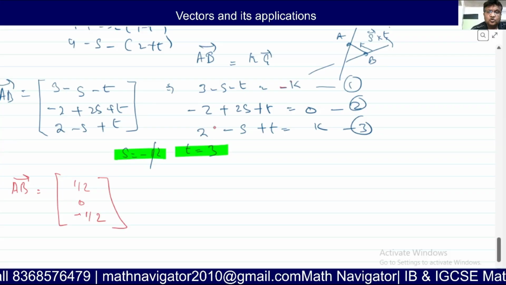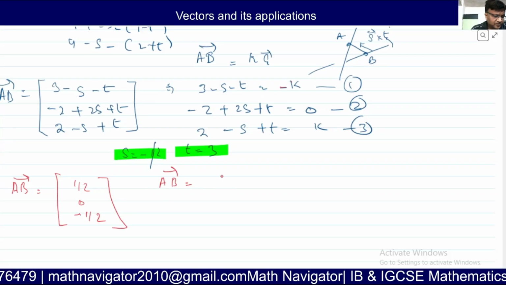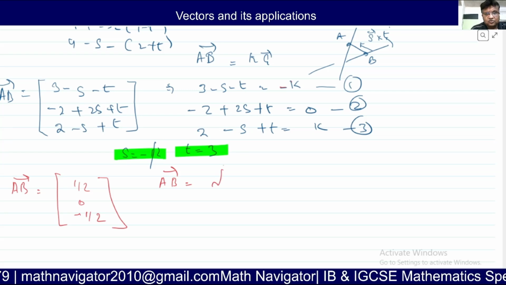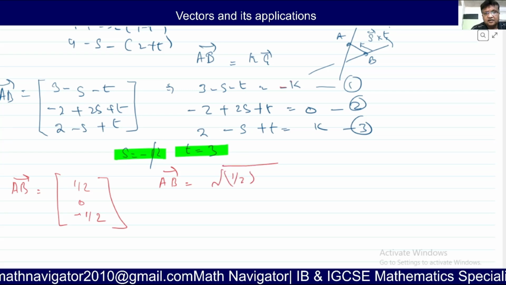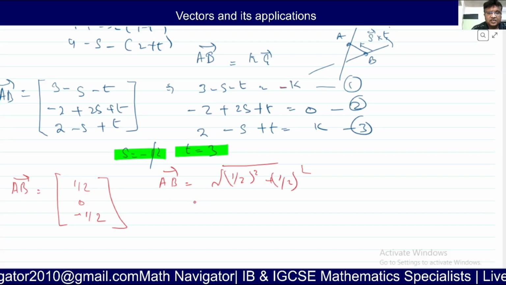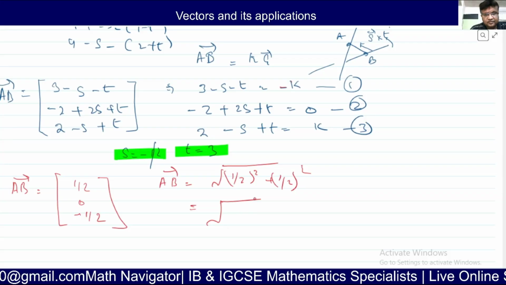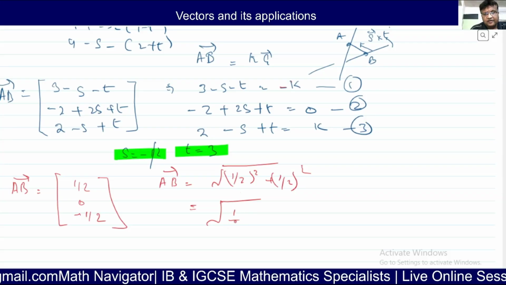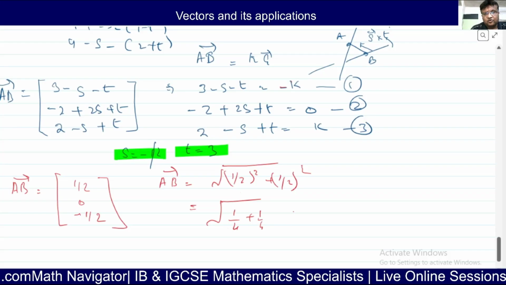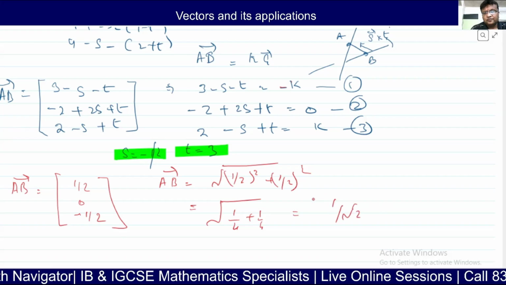Now if I want to find the length of the line, I'll just do magnitude of vector AB, which will be under root of half squared plus half squared, which will give me under root of 1 by 4 plus 1 by 4, which is equal to 1 over under root 2 units.